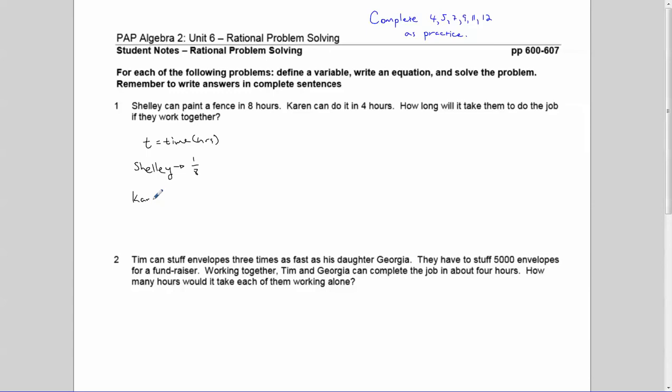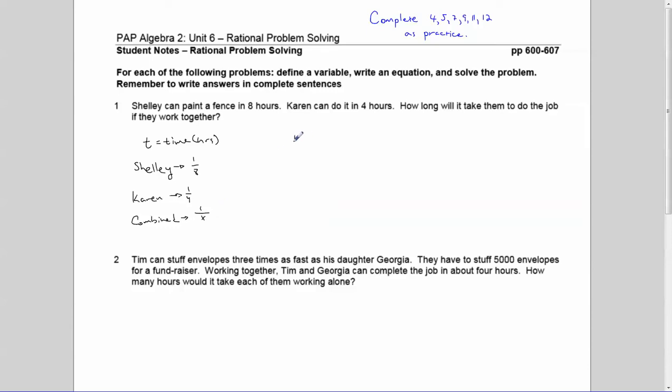Karen says she can do it in 4 hours, so we know she can paint 1/4 of the fence in an hour. Their combined rate is that they can paint 1/x amount of the fence in 1 hour.